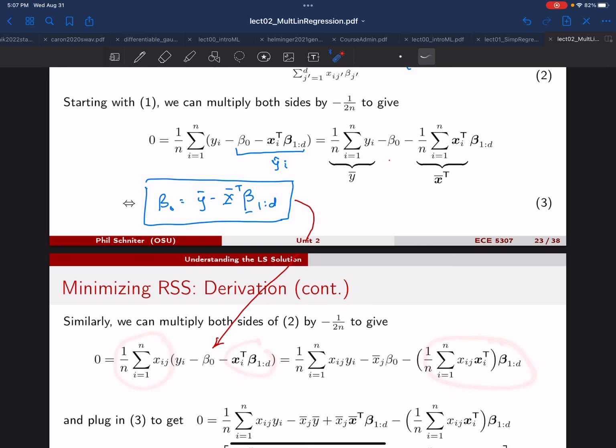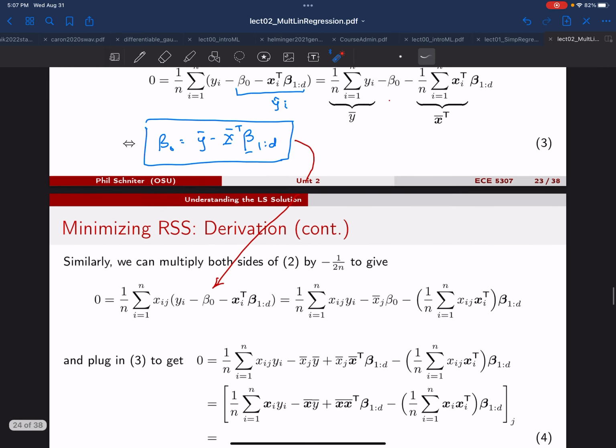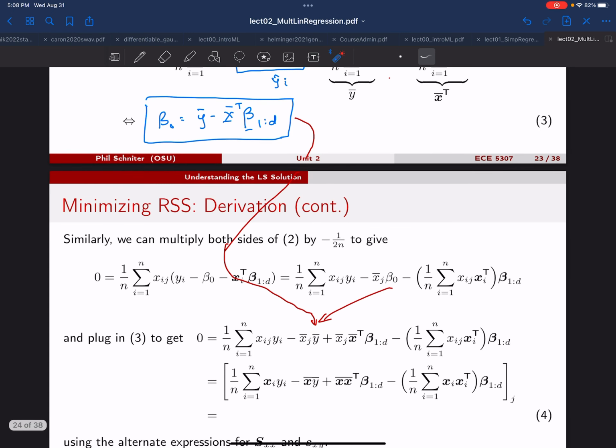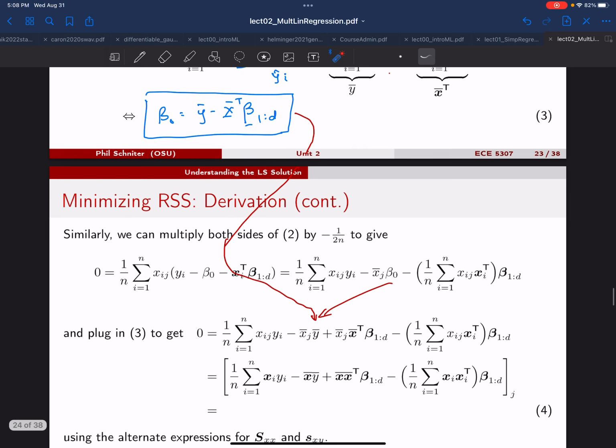Now finally, we plug in beta 0 into here. And that gives us no more beta 0, and now we have this stuff in there. So that's going to expand this into this and this. And what's nice is that that combines with the other sums to simplify.